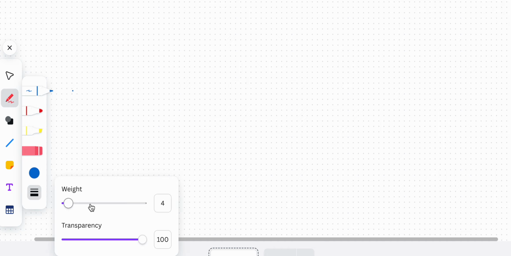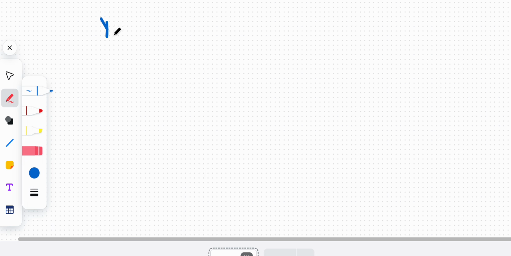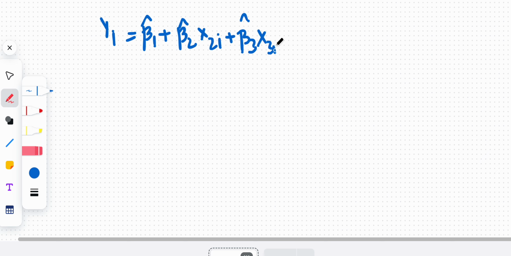I need a thicker pen. So for a model like this, we have calculated all the values.